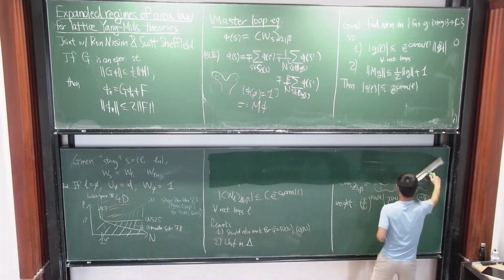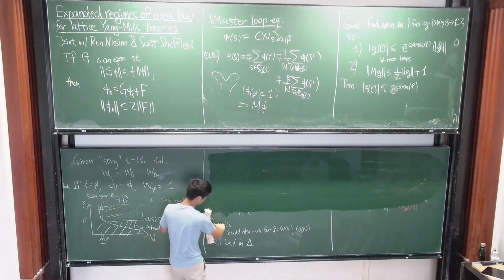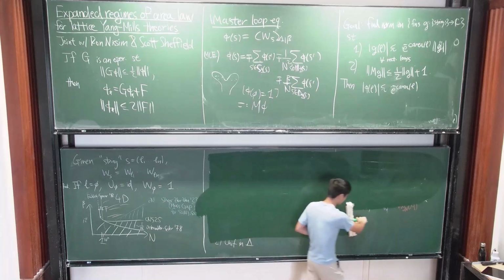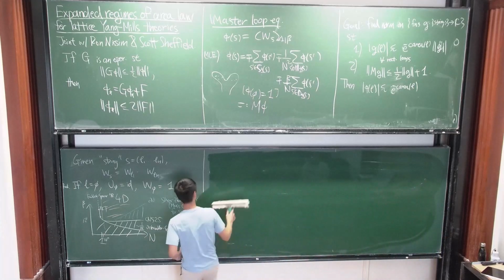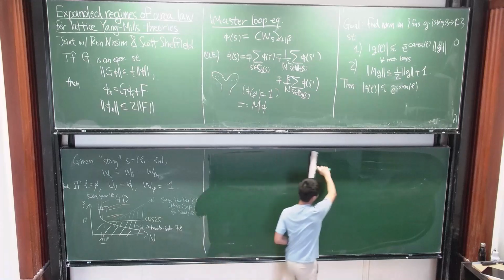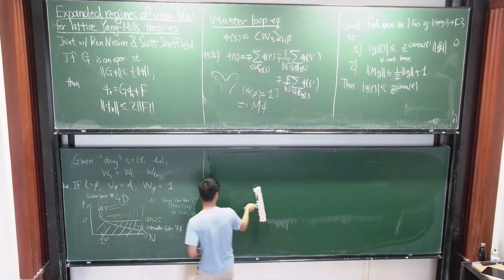Okay, so I should say that we're not really the first ones to think about this kind of PDE approach to studying Wilson loop expectations. To my knowledge, this was first introduced in a paper of Chatterjee, who studied the large N limit. So let me talk about that.